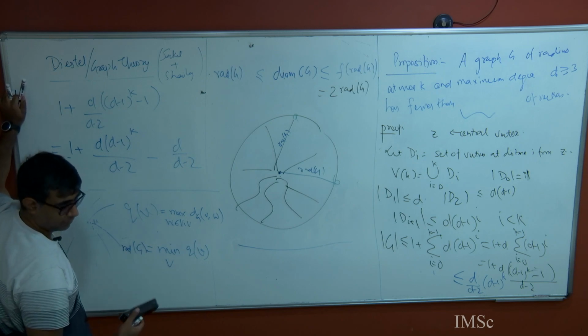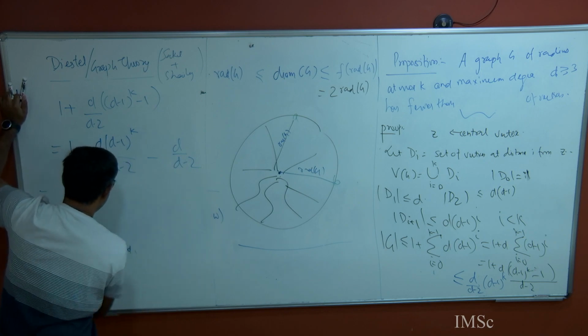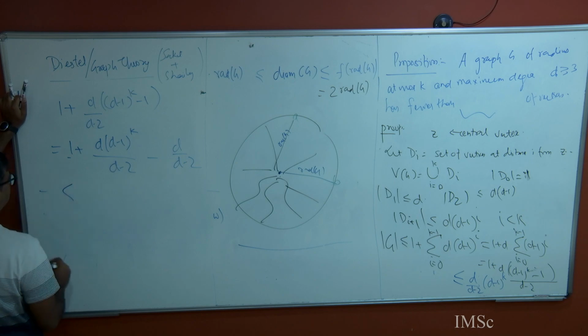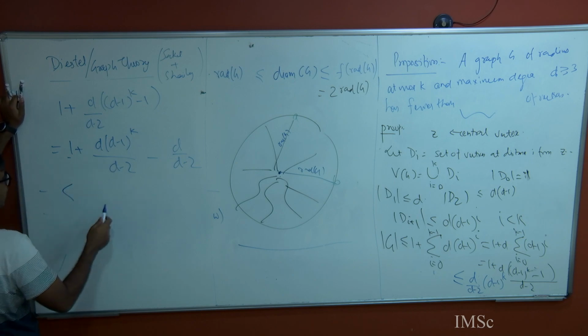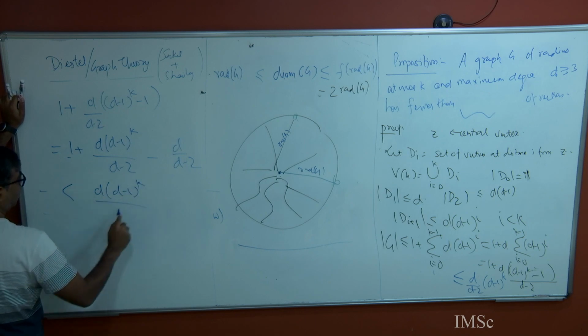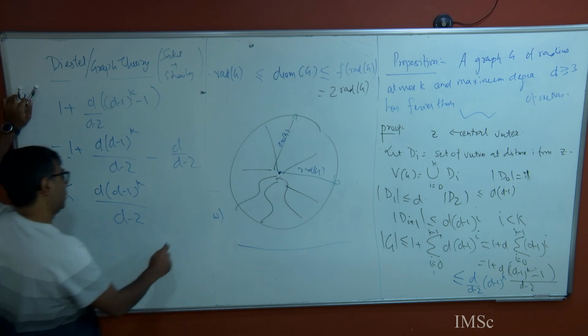So this implies that this number is strictly less than the bound we claimed. That's it. Okay, guys.